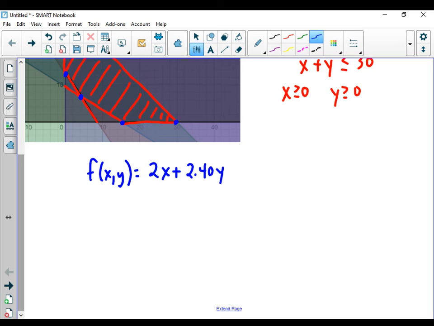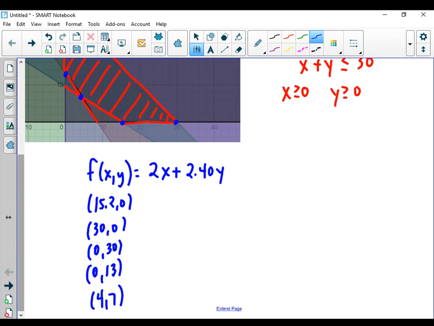But what you should have found would be these points. The point (15, 20), the point (30, 0), (0, 30), (0, 13), and that intersection was at (4, 7). And so you're going to plug all those values in.